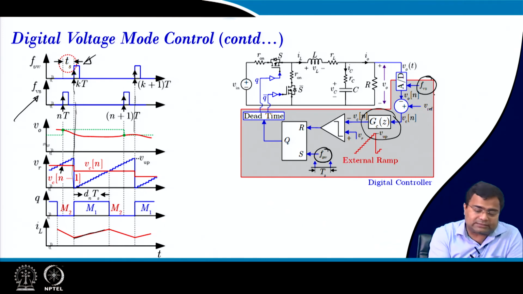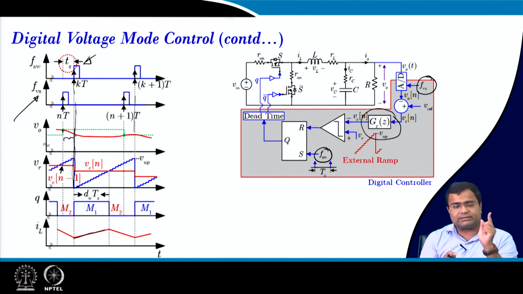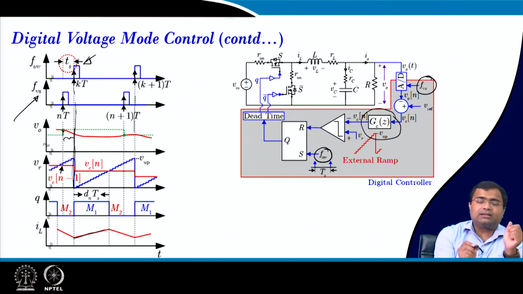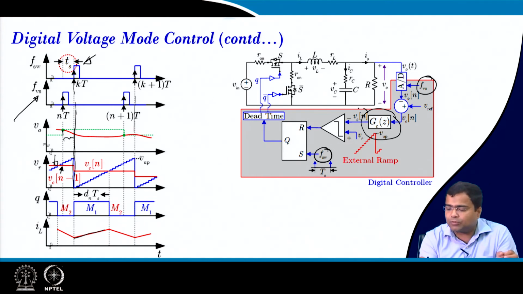Because you want the sample to be taken here and this data should be available here. So, this is the delay. Okay, so, that means once you send the sampling signal here, then there will be the ADC conversion time and the controller computation time, and your data will be ready here. So, you can see the data, which is the red line, and this data VC is nothing but the output of the compensator.